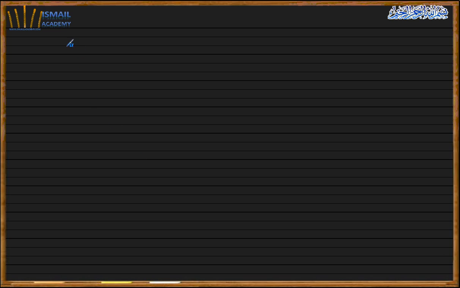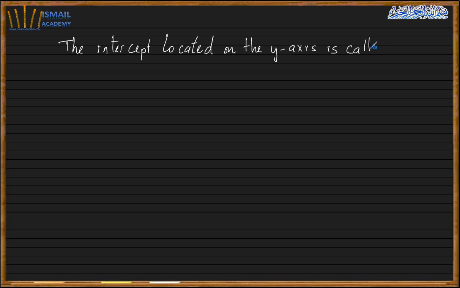Okay, so the intercept located on the y-axis is called the y-intercept.